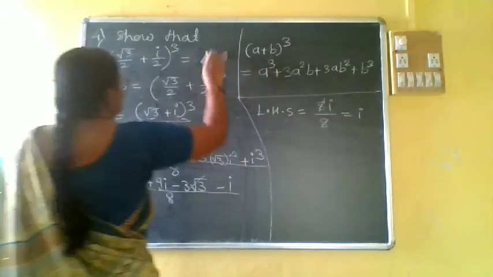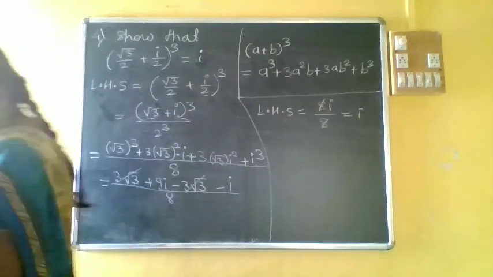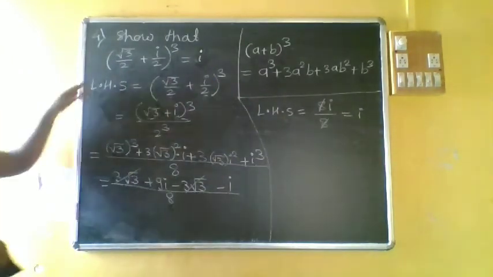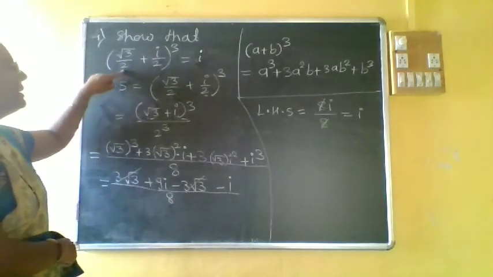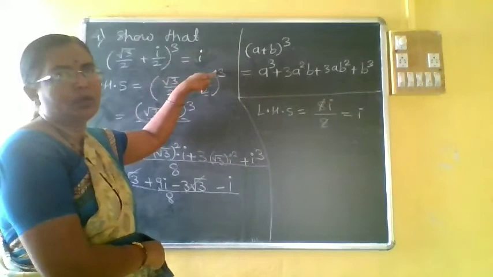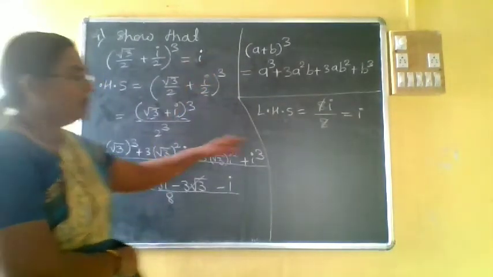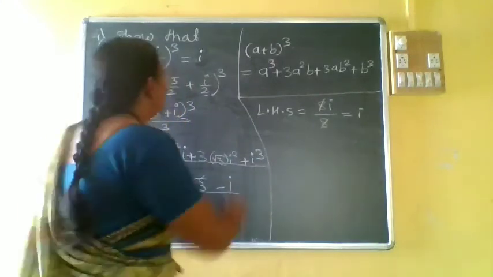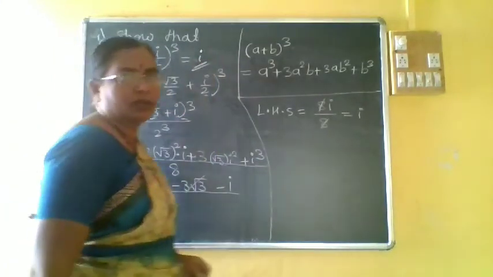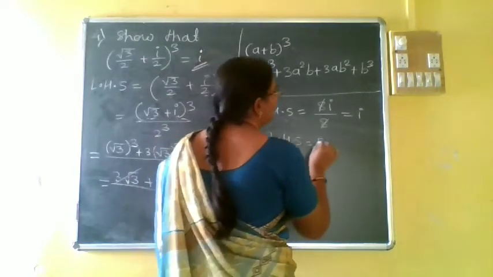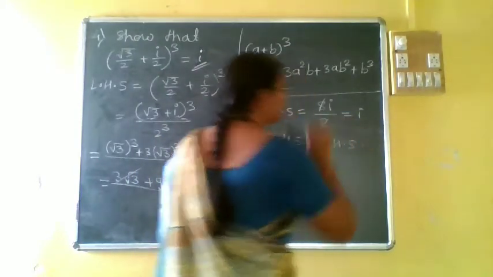Here we have to show that (root 3 divided by 2 plus i divided by 2) bracket cube is equal to i. Then the LHS becomes i and the RHS of this is equal to i. Therefore, LHS is equal to RHS.